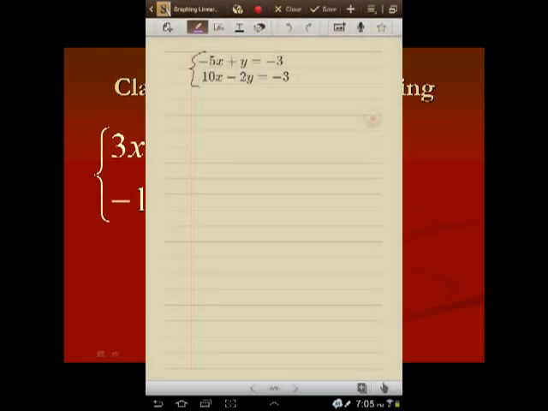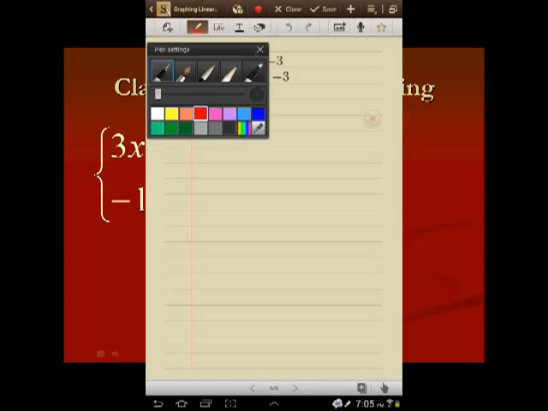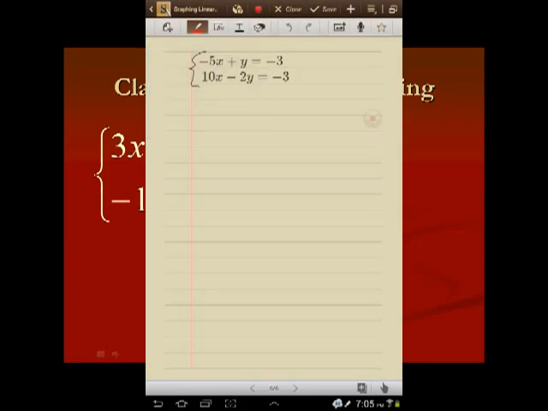Well, let's do one more really quick so we can see what we have going on. y equals 5x minus 3. Switch the color. Come on. Negative 2y equals negative 10x minus 3. y equals 5x plus 3 halves.